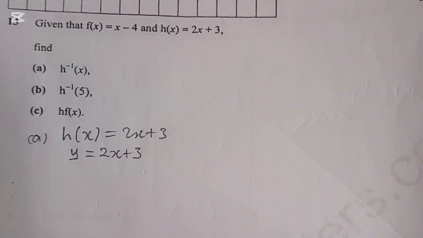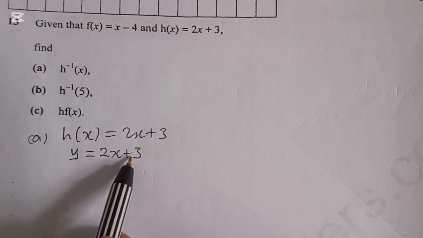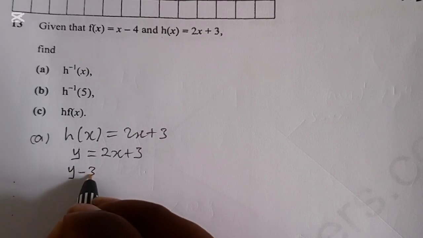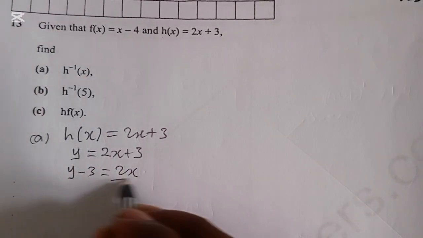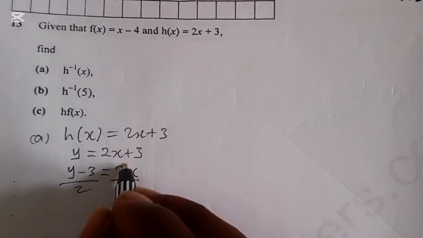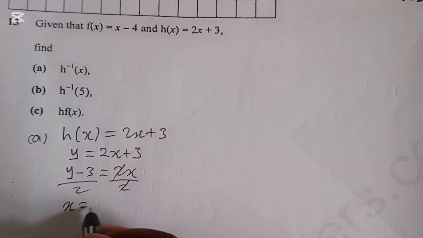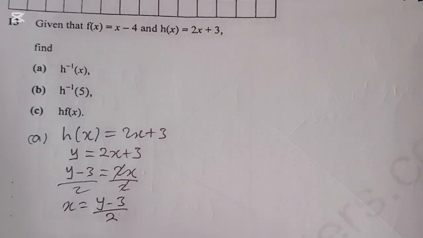Then step number 2, make x the subject of the formula. So this 3 will go across, it is going to be y minus 3 equals 2x. So over 2, 2 goes. So x is equal to y minus 3 over 2.